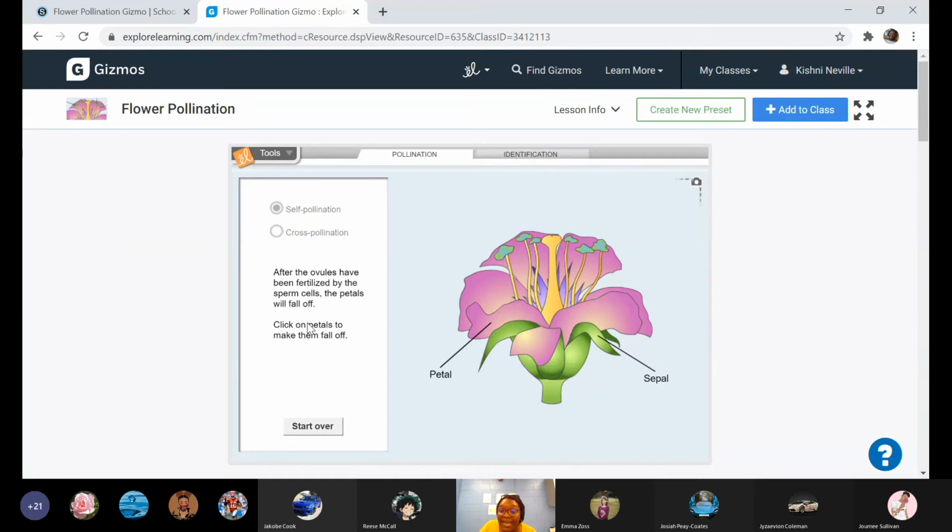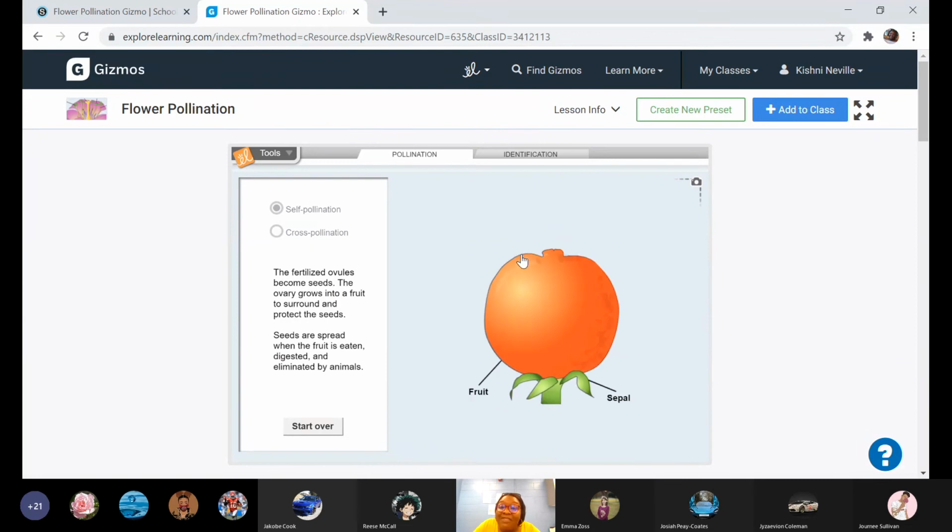The next thing it's going to ask you to do, the directions are going to be on the left side of your screen, is to click on the petals, because the petals fall off. The plant dies. And then you'll see the formation of a fruit. Be sure to read over here about the job of the fruit, okay?